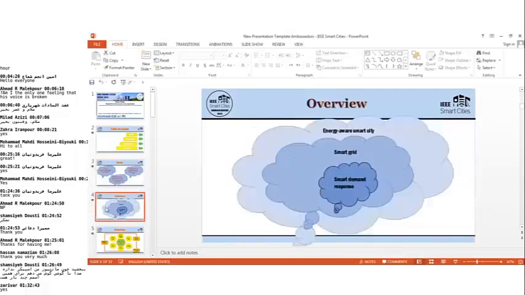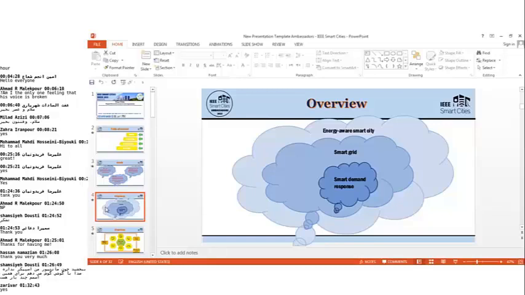In this picture, we have a conceptual picture about the position and condition of demand response in the context of a smart grid and energy-aware smart city. As presented, for achieving an energy-aware smart city, we need to have a smart grid.